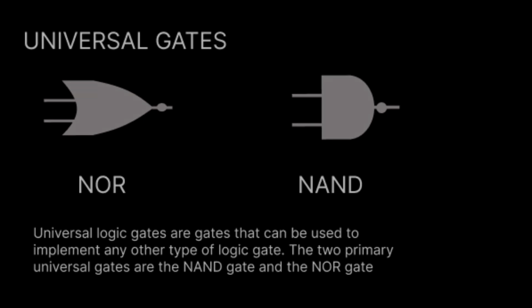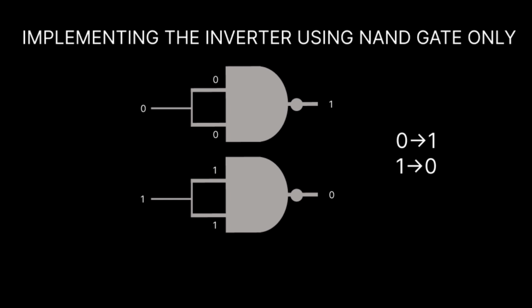For example, let's say our circuit had an inverter. We can make it using a NAND gate alone without any other gate. So here in our example, we've connected both inputs of the NAND gate, and as you can see, when the input is 0, the output is 1, and when the input is 1, the output is 0.